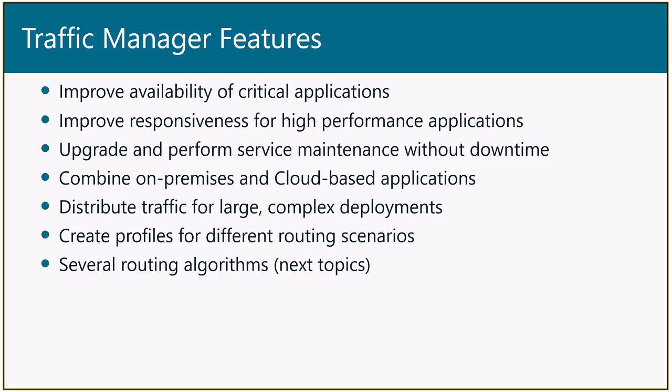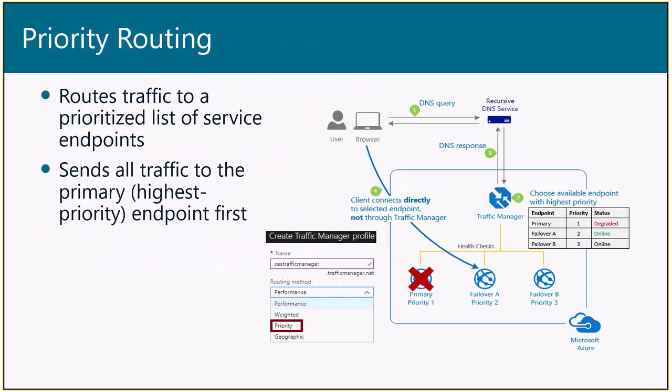Traffic Manager features improve the availability of critical applications, improve responsiveness of high performance applications, let you upgrade and perform service maintenance without downtime, and combine on-premises and cloud-based applications. It can distribute traffic for large, complex deployments, create profiles for different routing scenarios, and use several routing algorithms.